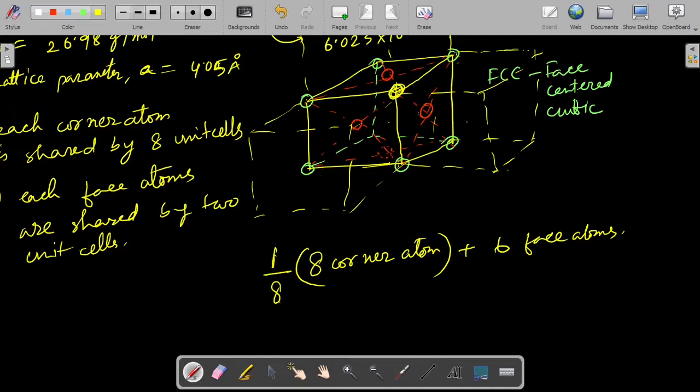The face is shared by 2 unit cells. So this face, this face, like 6 faces, and they are shared by 2 unit cells. So 1 atom is shared by 2. It's like half of this atom is with this one and half is with this one. So half into 6, because 6 face atoms are there. So altogether you have 1 plus 3 is equal to 4 atoms.